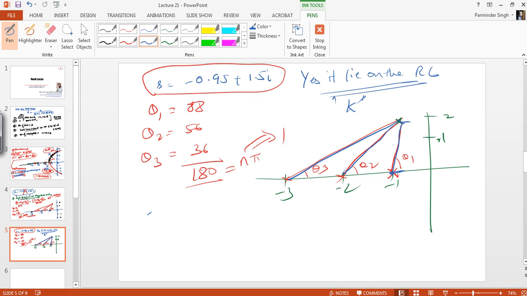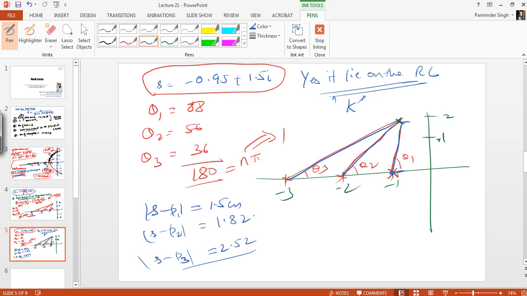So let's say s minus p1, that is from this point, the distance is 1.5 centimeters. S minus p2, the distance is 1.82 centimeters. S minus p3, the distance is 2.52 centimeters. Clear? So we measured these distances with the help of a scale.